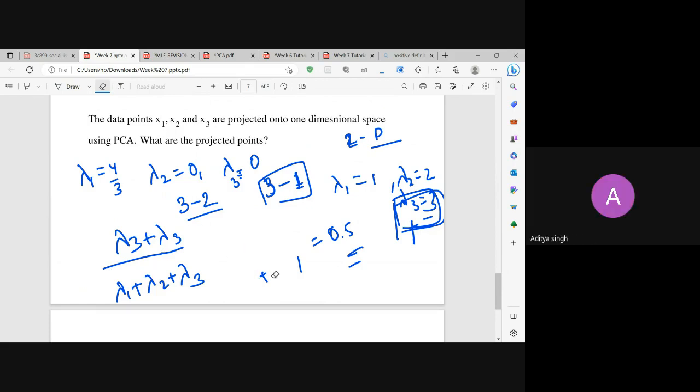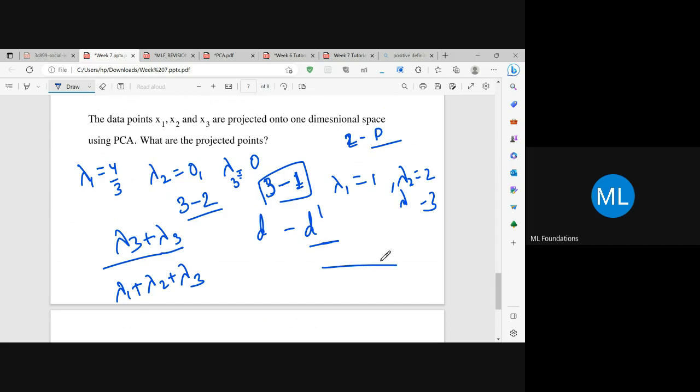Sir, can you give the general formula? Okay, the general formula for this type of question is: whatever the dimension has been converted, from some bigger d dimension to a smaller d dash dimension, you have to calculate the information that is preserved.